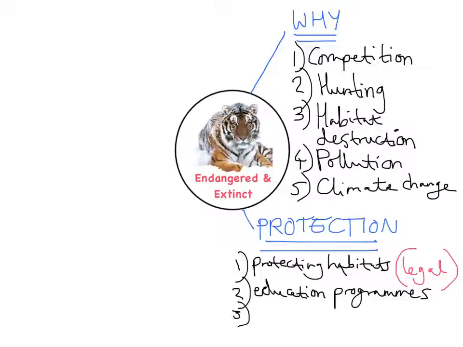Captive breeding programs can also be used, as well as creating artificial ecosystems. Now, an ecosystem that is managed or altered by human activity is referred to as an artificial ecosystem.